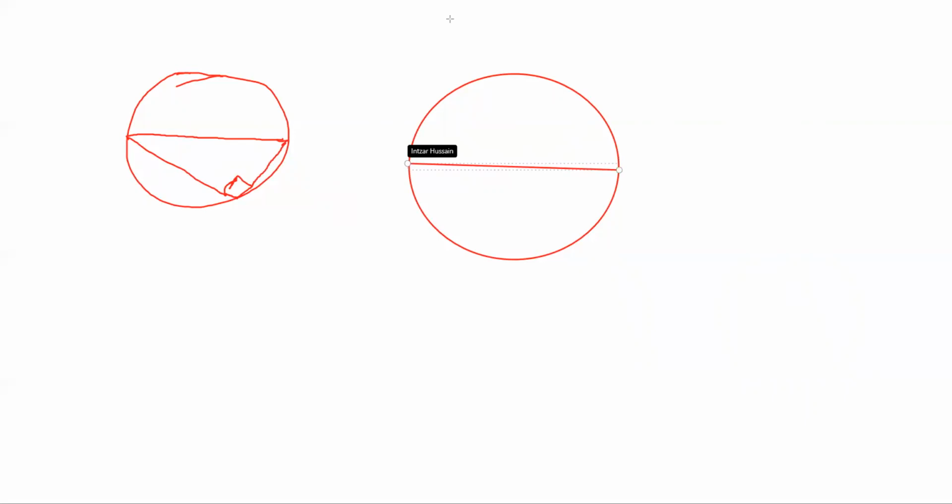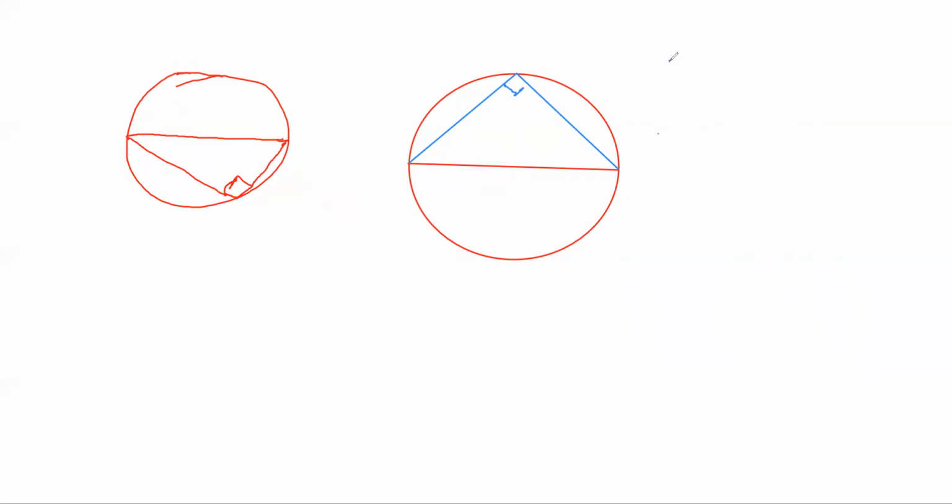The angle subtended by the diameter is a right angle. So this angle over here is going to be a right angle.